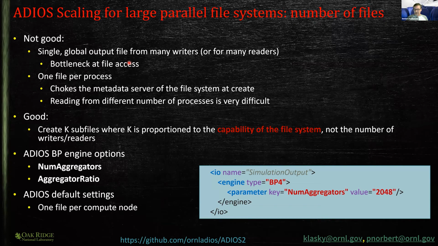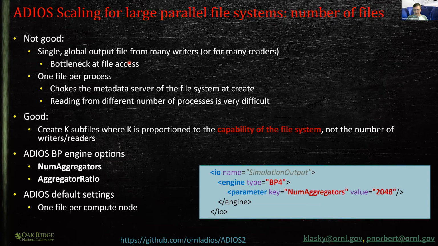I said 4,000 is the max for Summit. 2,000 is better. But 2,000, 3,000, 4,000 is usually the same. The more files you have, the more variability you see, so you have more chance for a bad day. The fewer files you choose, the less you can reach the maximum bandwidth.